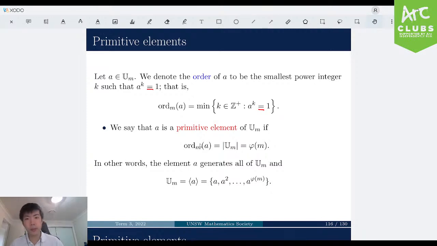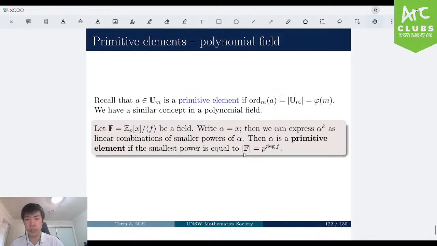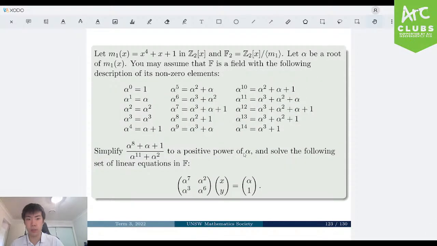Yeah? So that means it takes phi M number of steps before A cycles through every single value in U of M. Yeah, we'll see an example here soon, I believe. There'll be an example here soon. Okay.